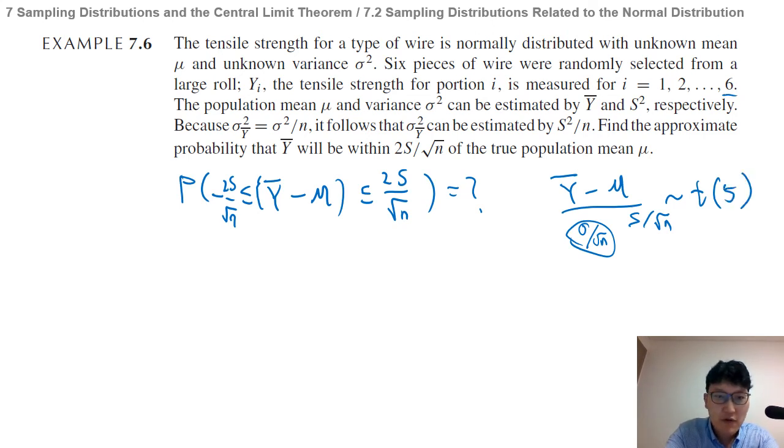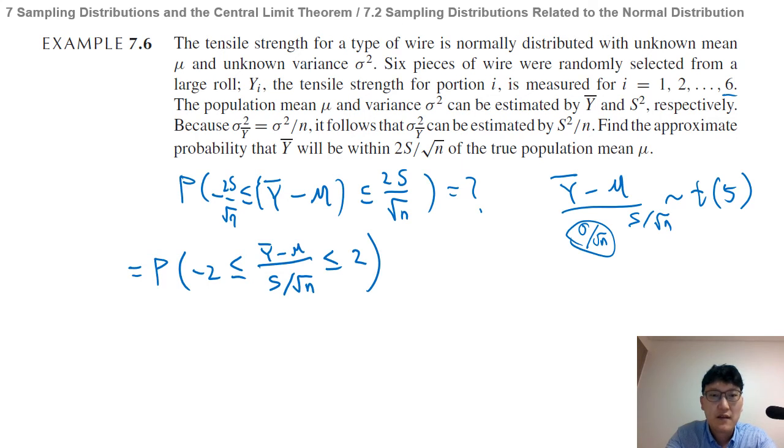Okay, so we can convert this probability this way. Probability of minus 2 less than Y bar minus mu divided by S over square root of n.